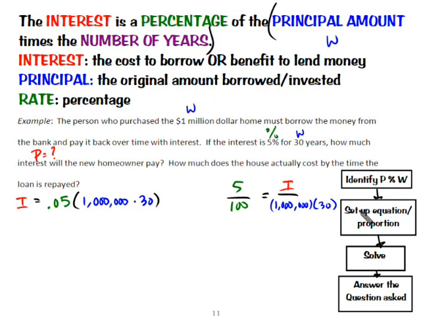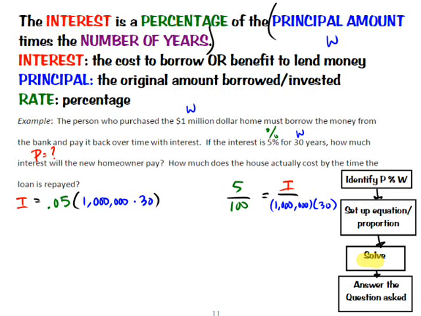So when we are setting up our equation or proportion, our principal amount, the starting amount, which was $1 million in this case, is part of the whole. The other component of the whole is the number of years, 30 years. And here it is again in the proportion, $1 million, 30 years.